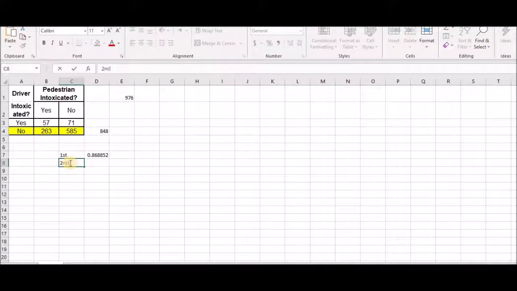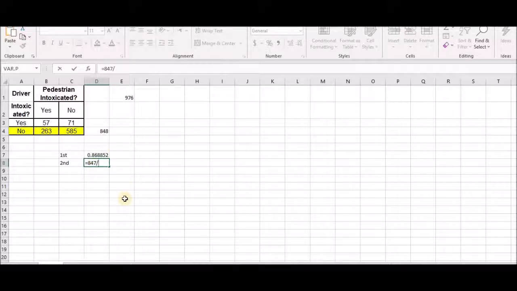Our second pick, we will say, now that we picked the first one out of the pedestrian deaths, and it was involving a driver that was not intoxicated, how many more options do I have left? The answer is, since you selected the first one, you have 847 remaining. So we subtract one from here.